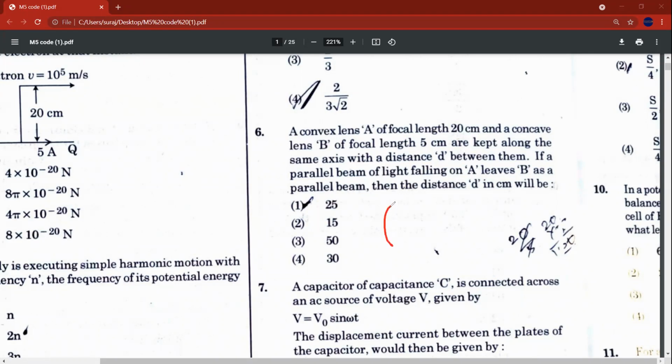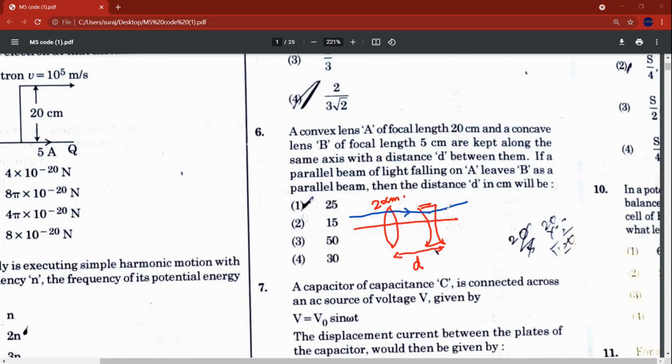So there is a convex lens A of focal length 20 centimeter and a concave lens B of focal length 5 centimeter, kept along the same axis at a distance d between them. If a parallel beam of light falls on A, it leaves B as a parallel beam.